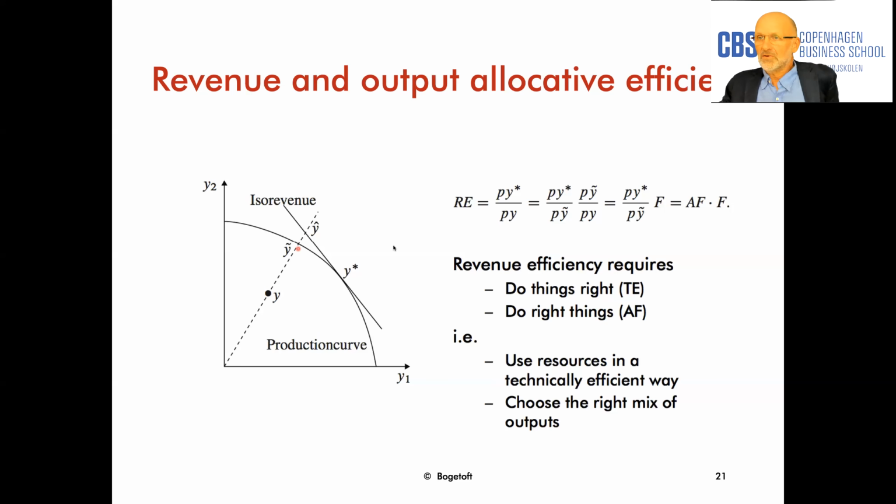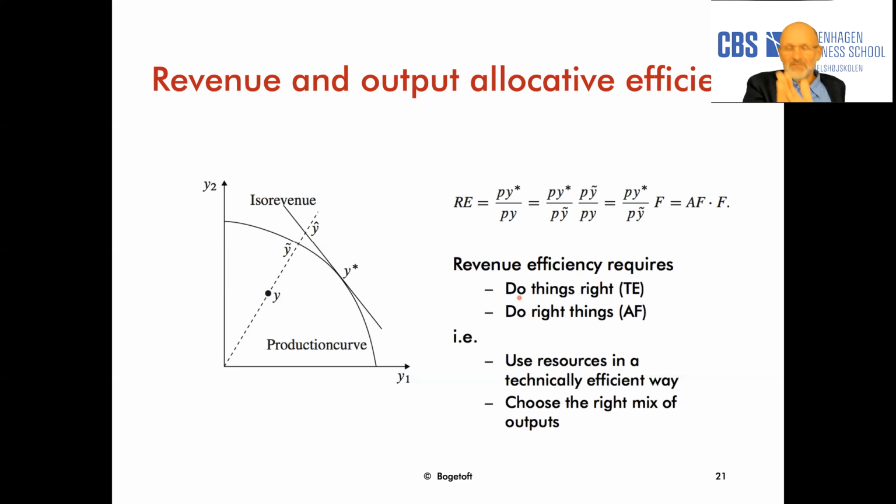So you can again measure revenue efficiency by comparing actual revenue and maximum revenue, and you can decompose that into a technical change and an allocative change. And again, we can interpret it like before. You have to do the things right. Whatever you produce, you have to produce as much as possible. But the other thing you have to do is the right things.